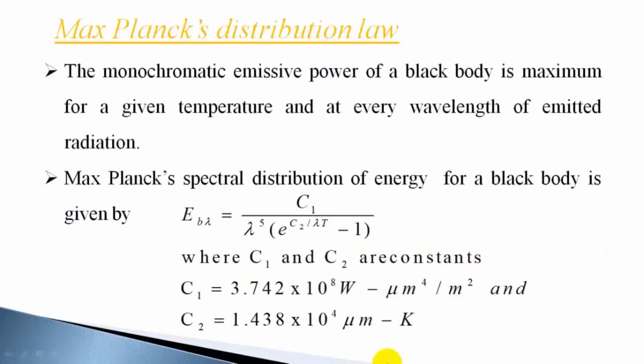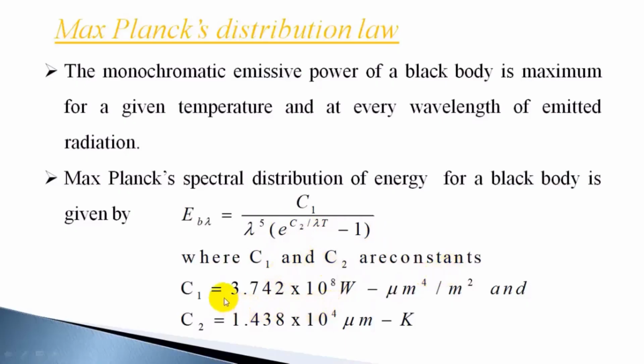Max Planck's distribution law. You will see what Max Planck's distribution law is. Max Planck's distribution law gives the monochromatic emissive power of a black body with the temperature and wavelength of the emitted radiation. This is the expression: E_bλ is equal to C1 by lambda raised to 5 into (e raised to C2 by lambda T, minus 1), where C1 and C2 are constants.